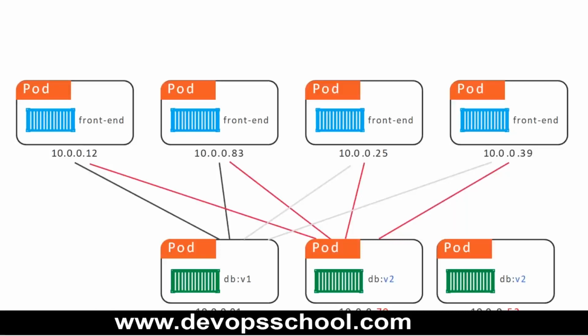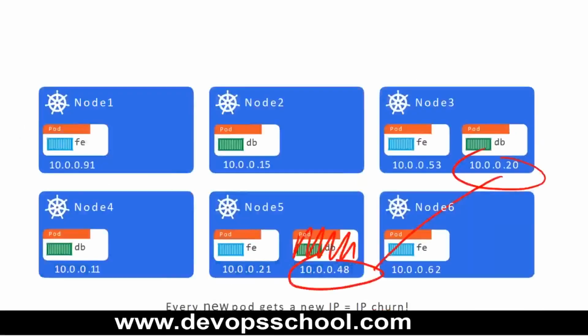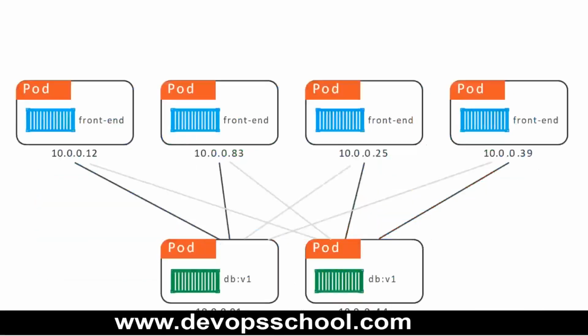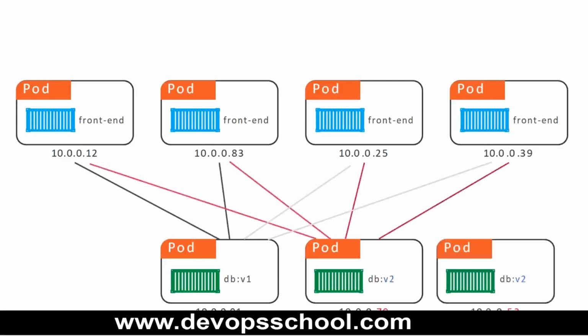So how do we fix these issues? The first problem is how to manage the traffic from the front end to the backend, averaging out the traffic so that it is even and balanced across the pods. At the same time, if new pods get added, they should automatically be balanced.